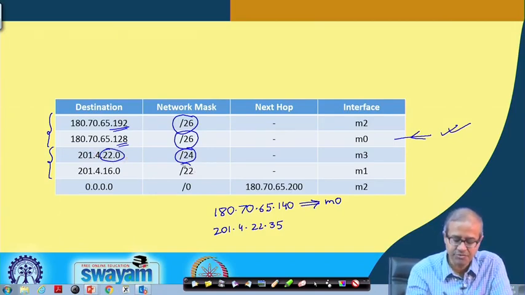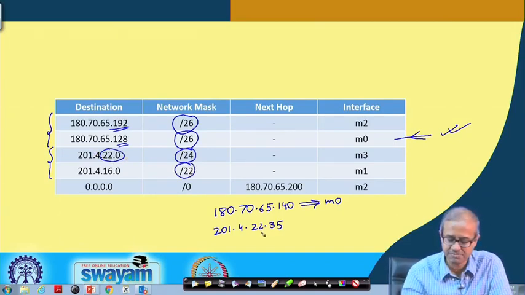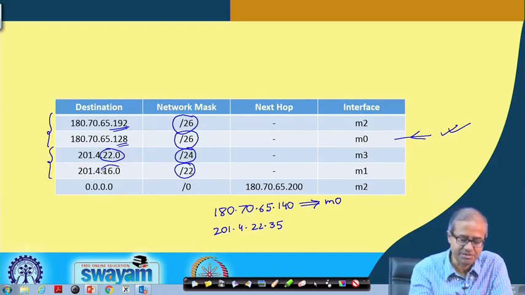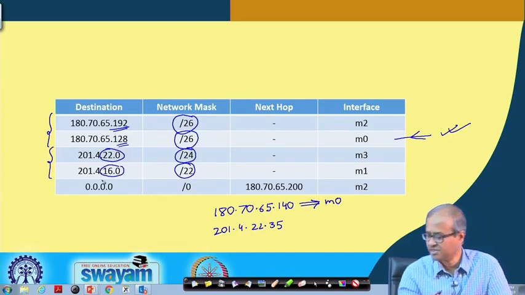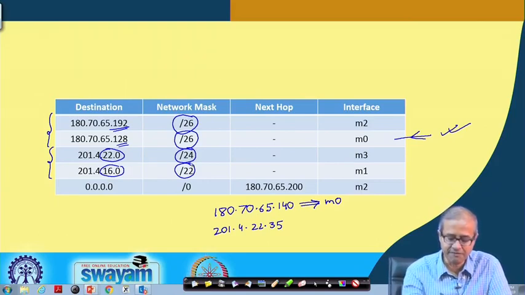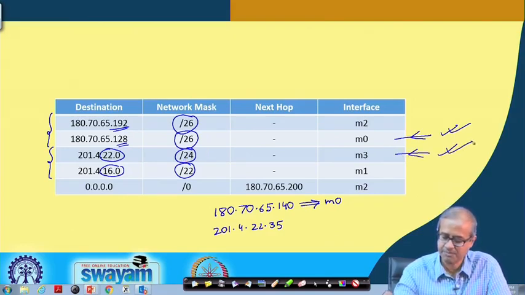If not, you compare the first 22 bits, check whether it matches with 16.0, and then you decide whether there is a match or not. Now, in this example, the first one, 24, there will be a match. So, there will be a match out here only. So, this will be forwarded over M3.